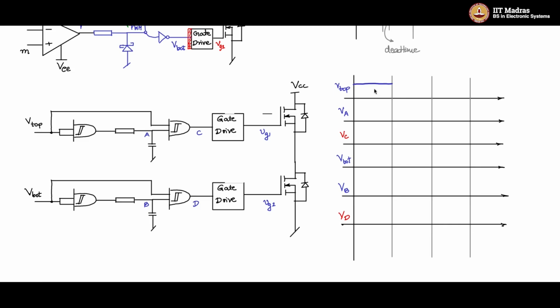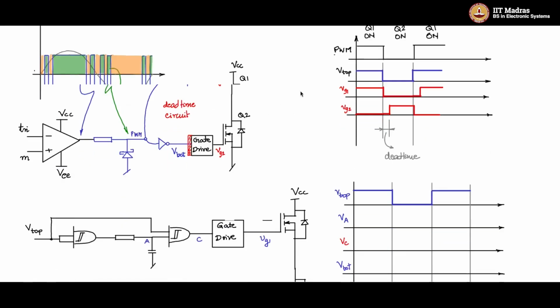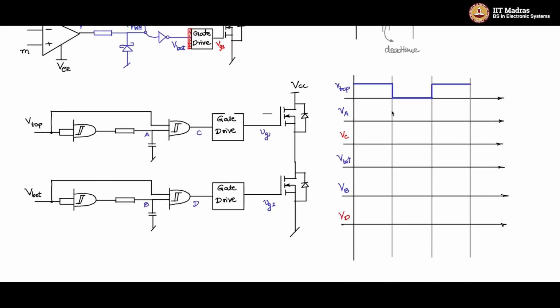So let us draw this V top. V top goes like this, just like we saw here, V top, which is coming from here, right? So that is V top. And what is VA? The same V top waveform will get to this point, and then it is RC filtered.